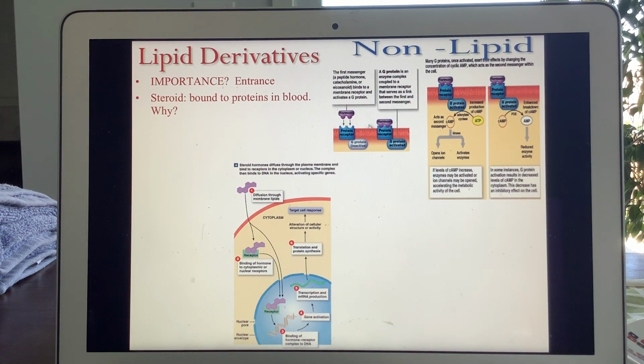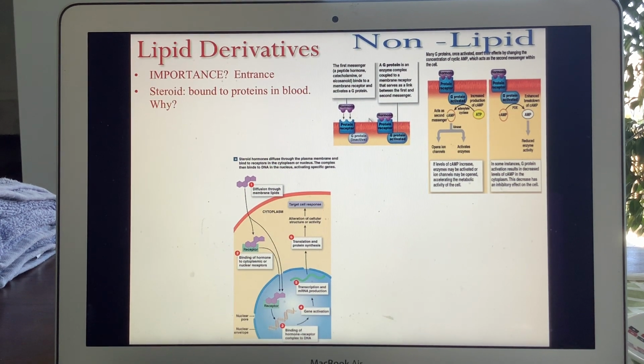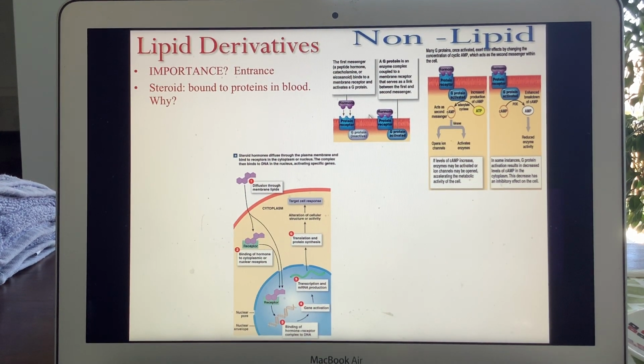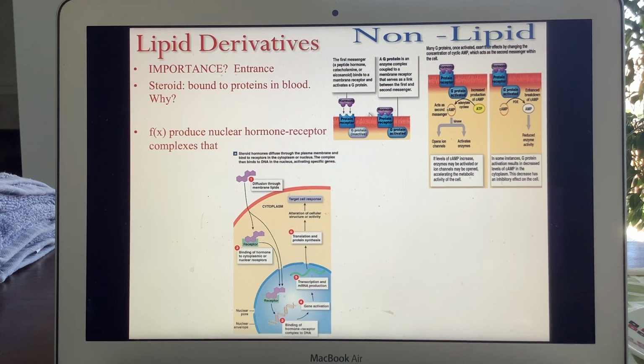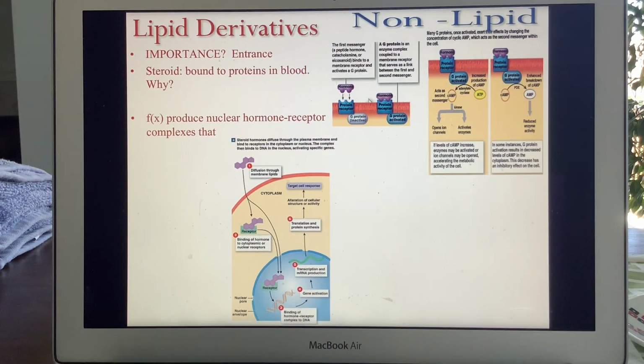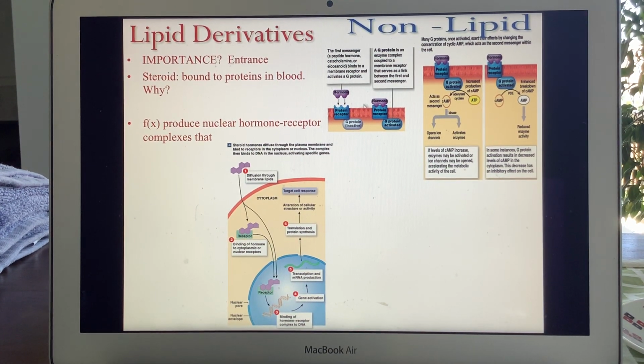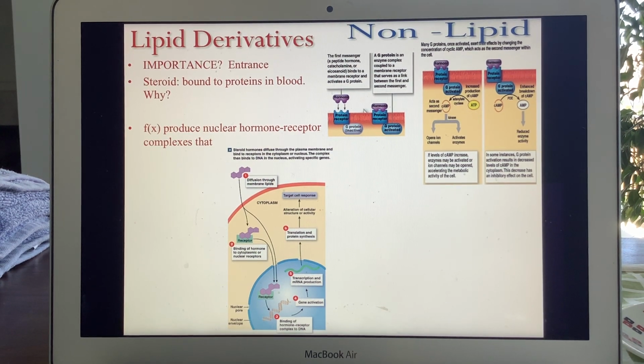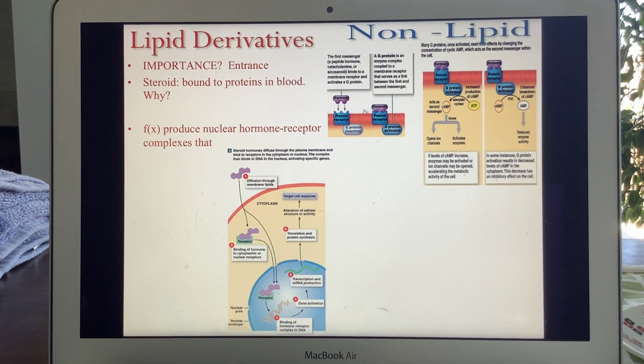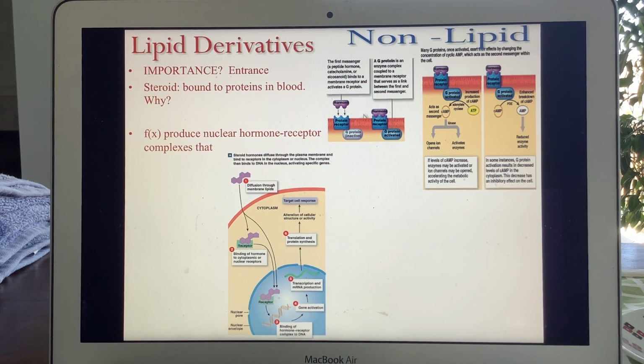So the protein that is bound to a lipid or a steroid hormone is what allows it to travel through the blood. If you look at the picture on the bottom there, F of X again means function. Lipid-derived hormones produce a nuclear hormone receptor complex.